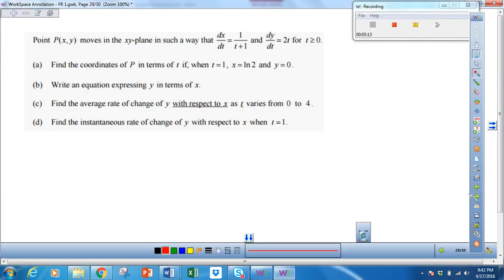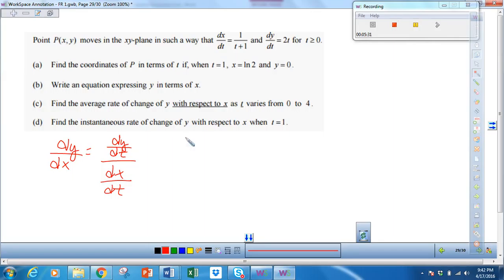Finally, find the instantaneous rate of change with respect to x when t equals 1. So we just have to remember what they're asking you to find is dy dx, and dy dx is equal to dy dt over dx dt. Now some of you did this differently, but I think this is the simplest way to do it since we're given dy dt and dx dt.